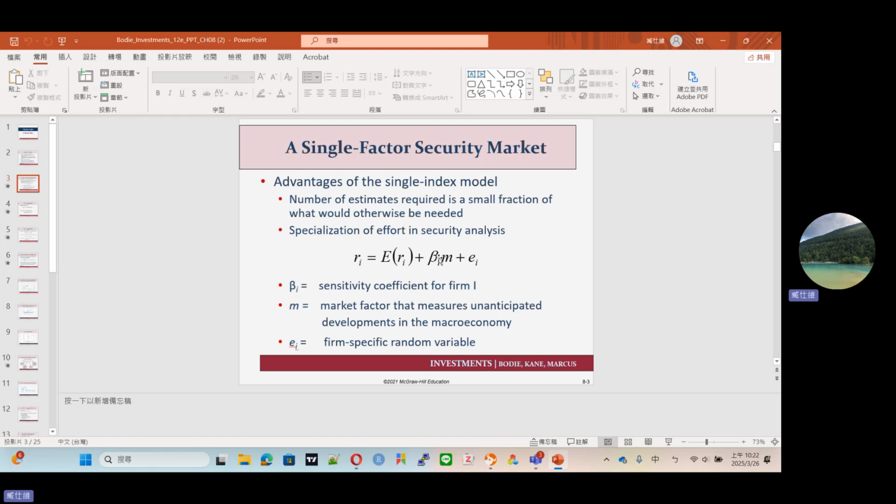this stock I or this asset I returns has a beta I return. So this beta I, put another way, is the slope of this linear line, but also it's a sensitivity to measure how these stock returns will react to the 1% increase in market returns.